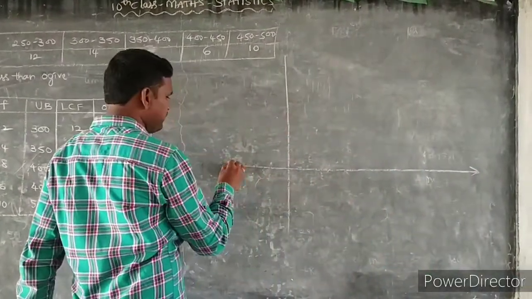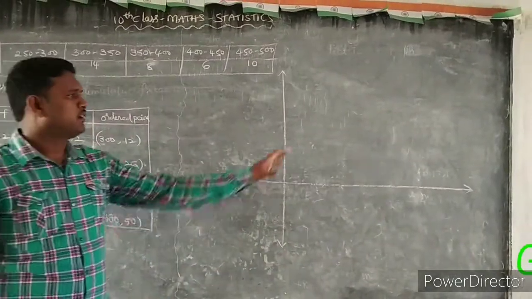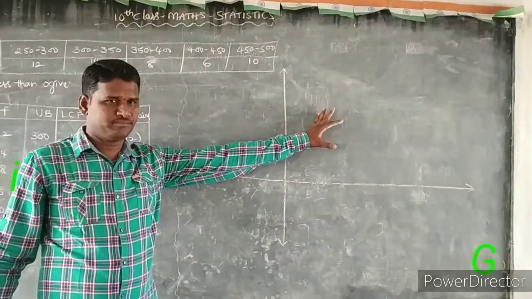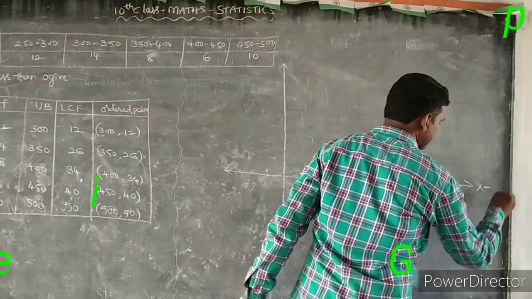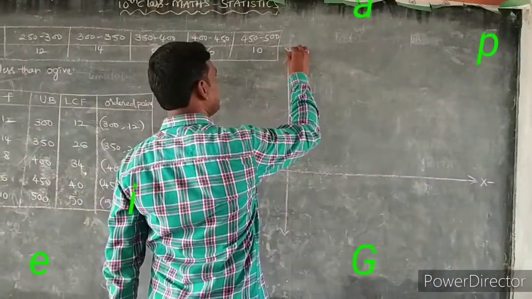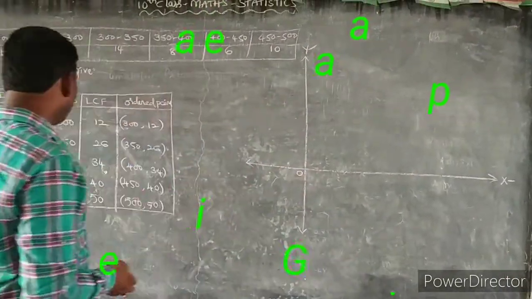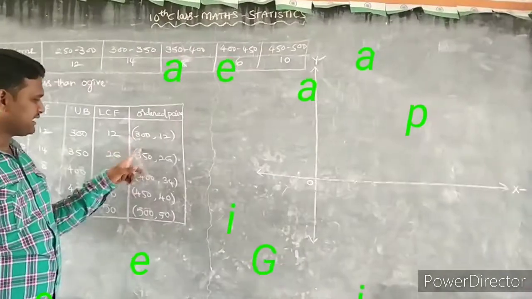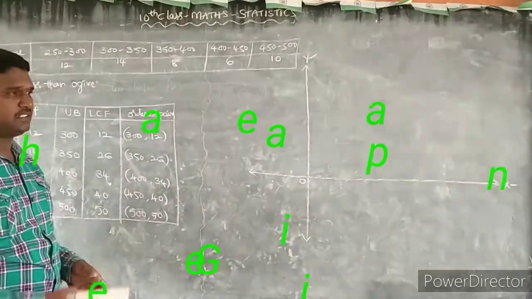In this graph, we will get total graph in the quadrant 1 only. That's why I have drawn the graph like this. Horizontal line is called x-axis, vertical line is called y-axis. This is the origin. Now observe the values on x-axis: 300, 350, 400, 450, 500.